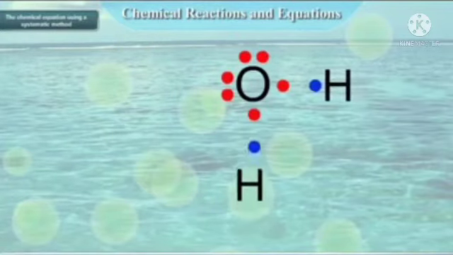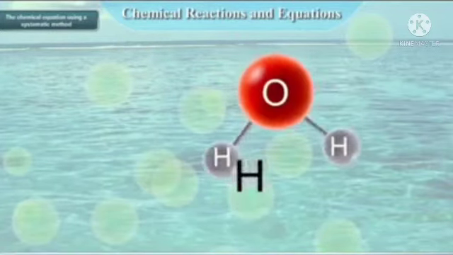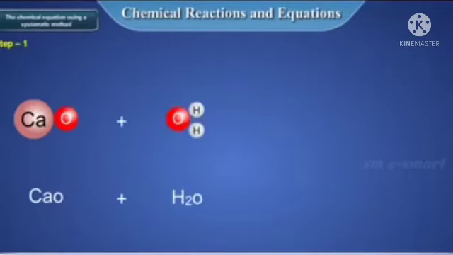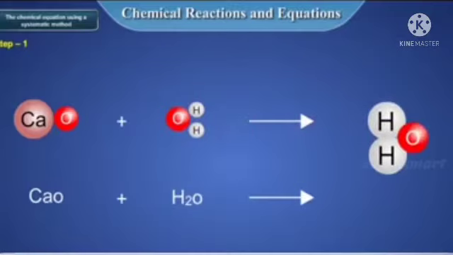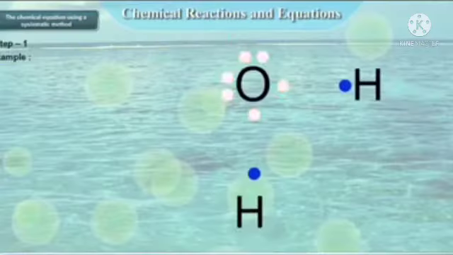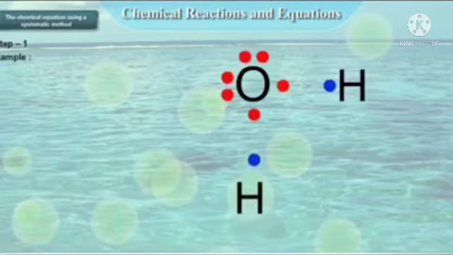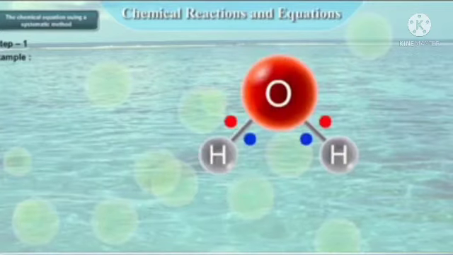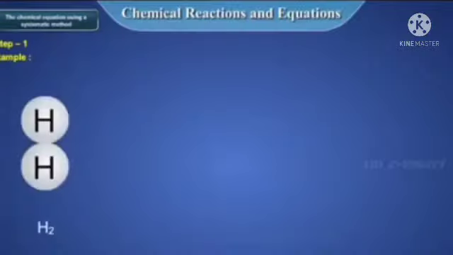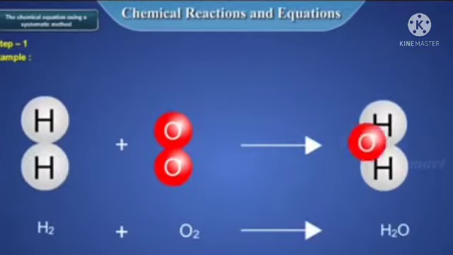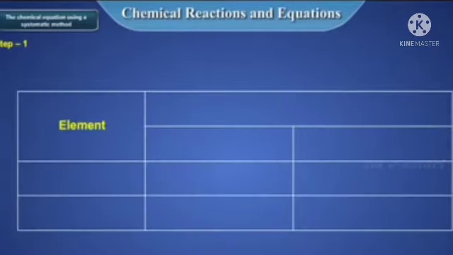Example, hydrogen reacting with oxygen to form water. Write the equation with the correct chemical formula for each reactant and product. The reaction of hydrogen with oxygen to yield water is as follows: H2 plus O2 gives H2O.